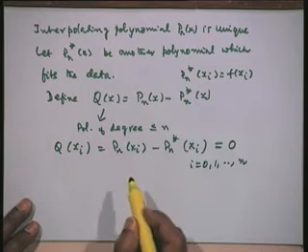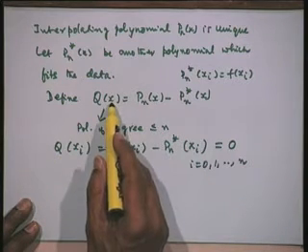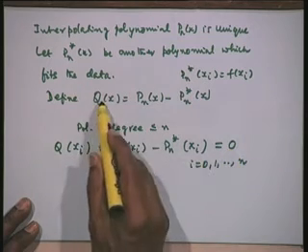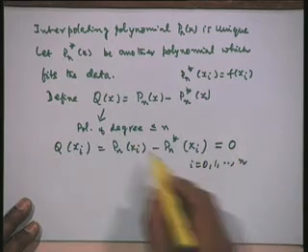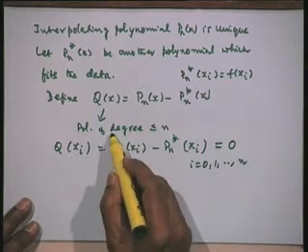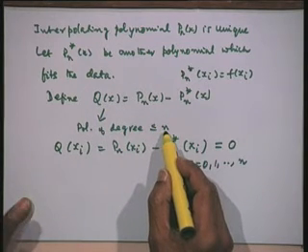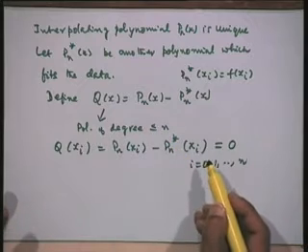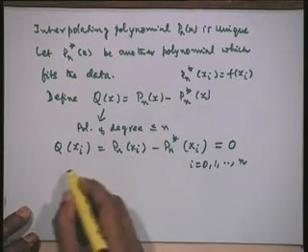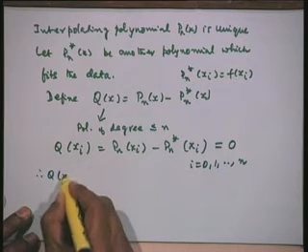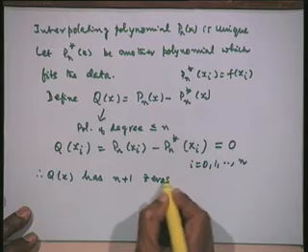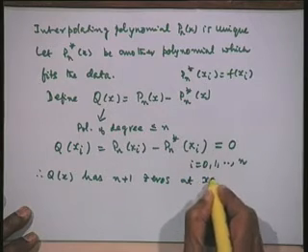Now, you observe that q x is vanishing at n plus 1 points. Therefore, q x has n plus 1 roots or n plus 1 zeros, but q x is a polynomial of degree less than or equal to n only. Therefore, the only possibility is that q x is identically 0.